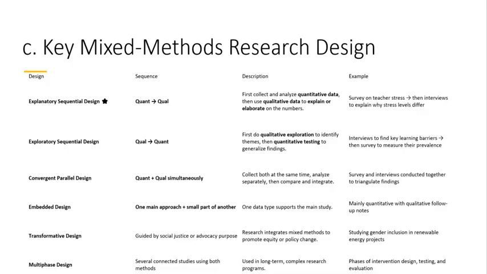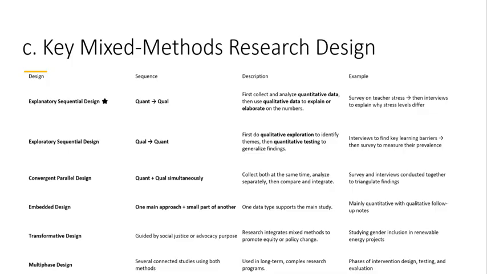Likewise, we have transformative design. This is guided by a social justice or advocacy purpose. Research integrates mixed methods to promote equity or policy change. For example, studying gender inclusion in renewable energy projects.